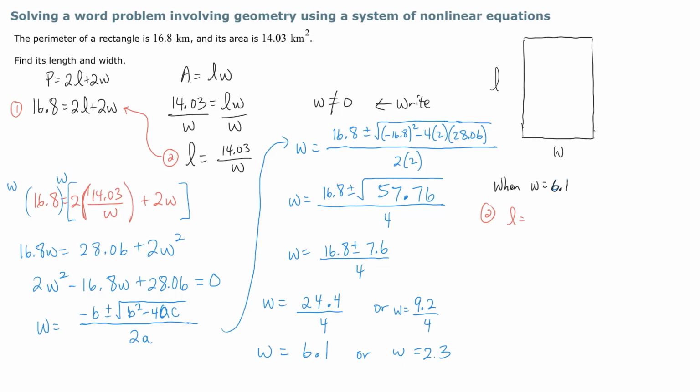L is equal to 14.03 divided by 6.1. Let's see what L is now. We get 2.3. And that is not a coincidence. This is what math will do to you. It will surprise you, but at the same time, it gives you some intuition on what's really going on.